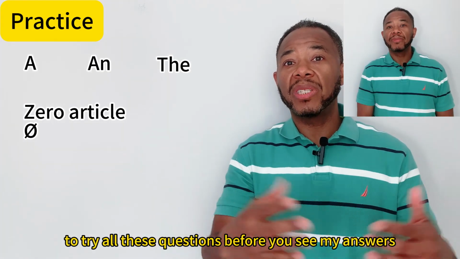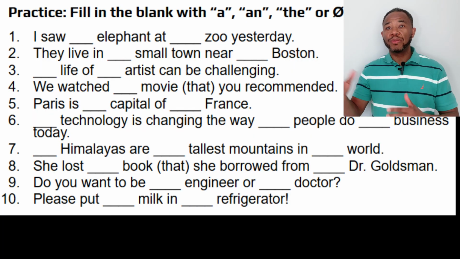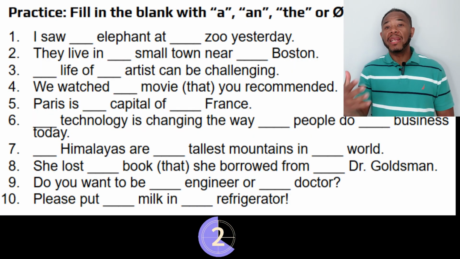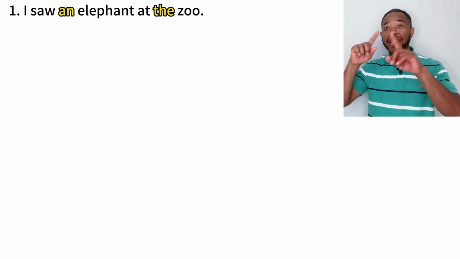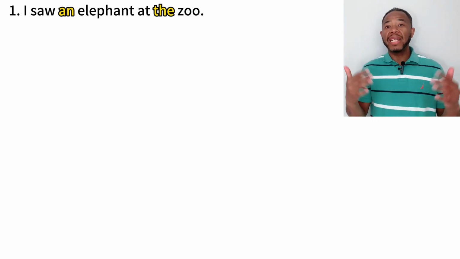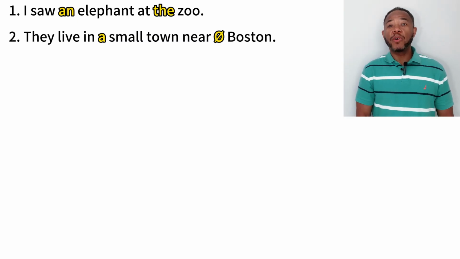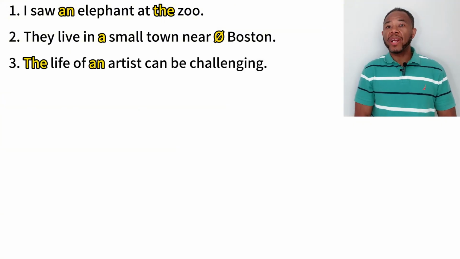Number 1, I saw an elephant at the zoo. Number 2, they live in a small town near Boston. Number 3, the life of an artist can be challenging. Number 4, we watched the movie that you recommended.